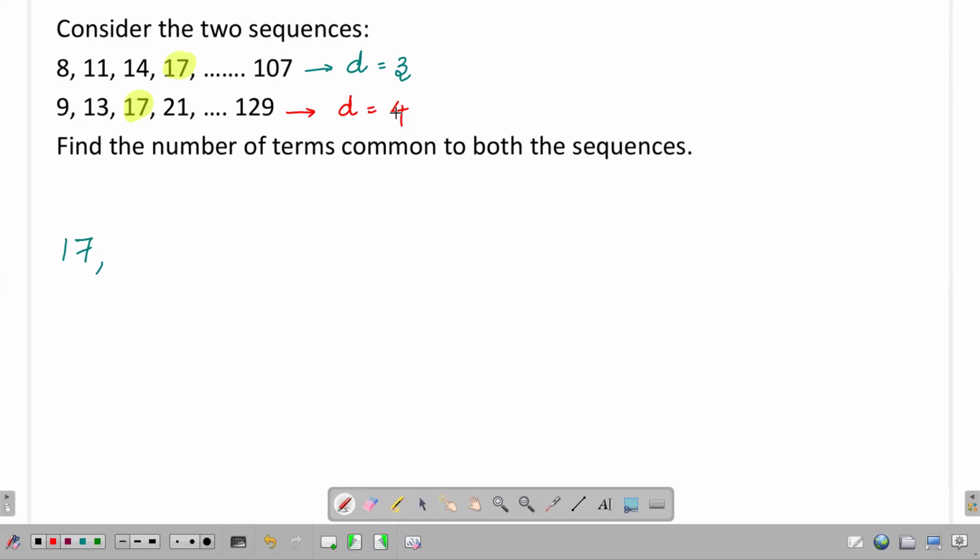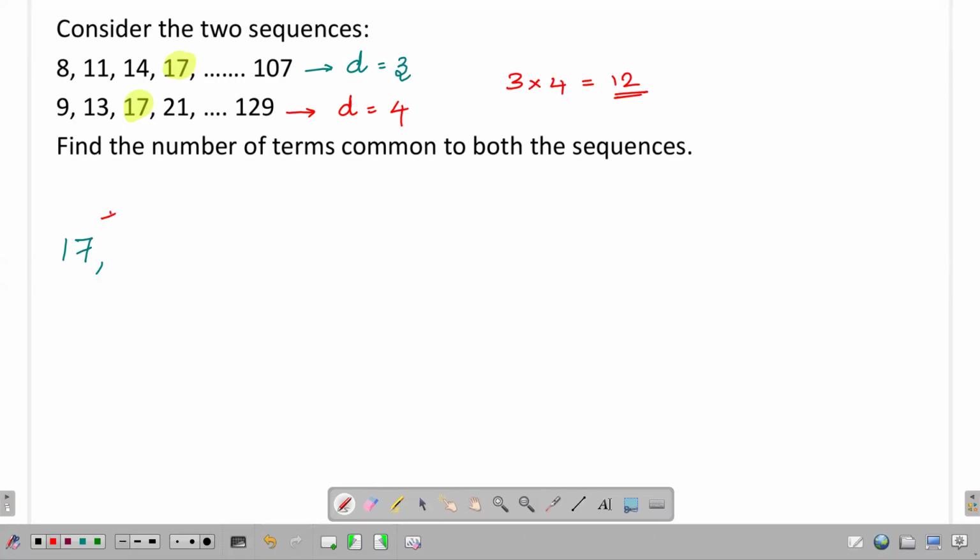If I write a new sequence that consists of these common terms, the common terms associated with the first as well as the second sequence, that new sequence will have a common difference of 3 into 4, that is equal to 12. It will be like that only.